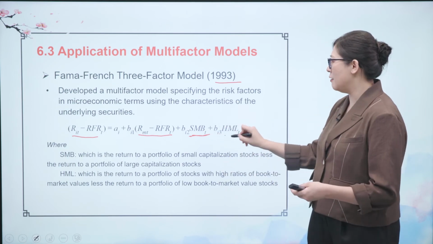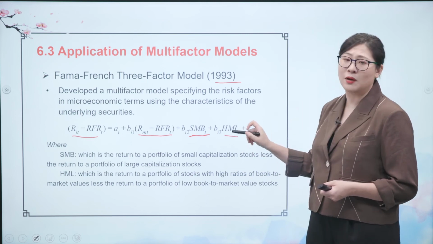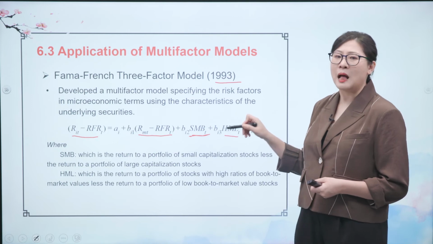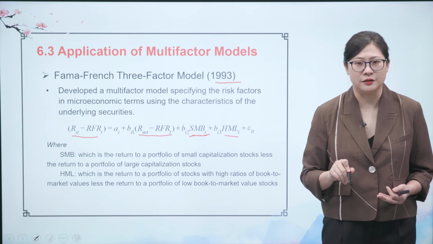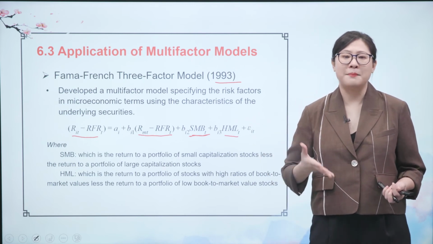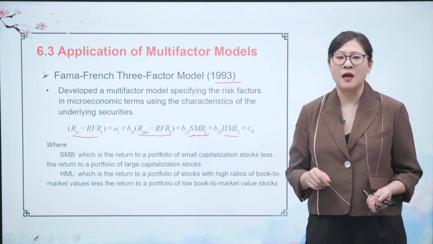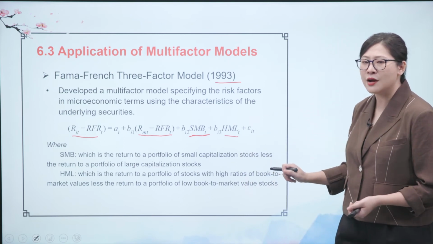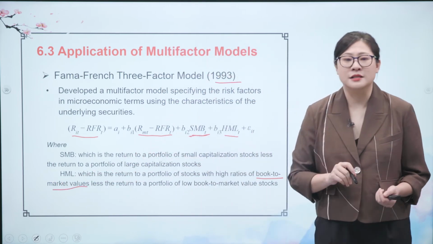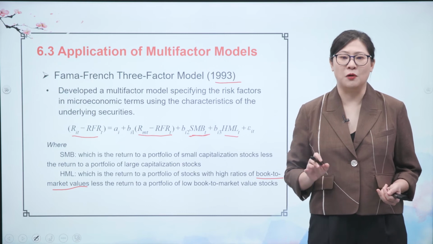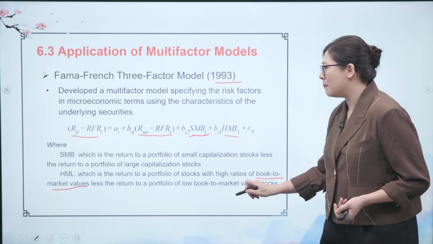And the next factor is our HML. So it's the same idea. H means high, L means low, and M means minus. So HML means high minus low, which is the return on a portfolio of stocks with a high ratio of book to market value, less the return on a portfolio with a low book to market value. So that's the book to market value.